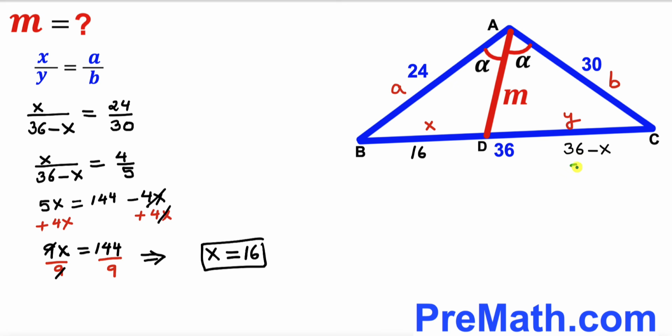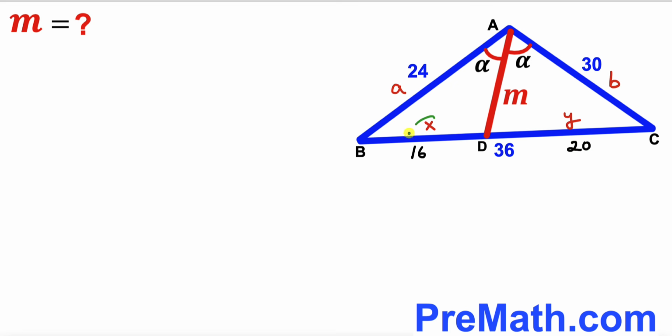So this is going to give us 36 minus 16, which is 20 units. So thus our x value turns out to be 16 and y value is 20 units.